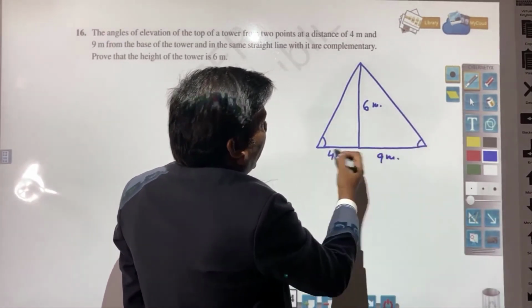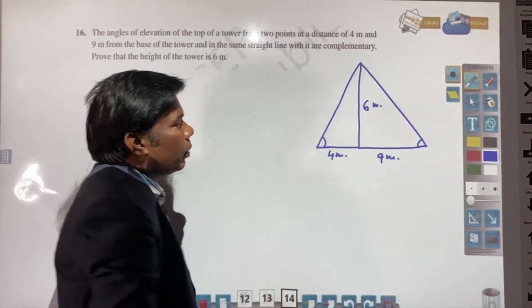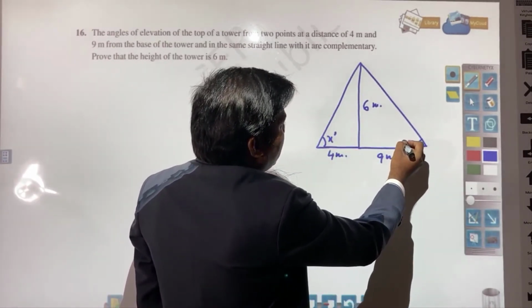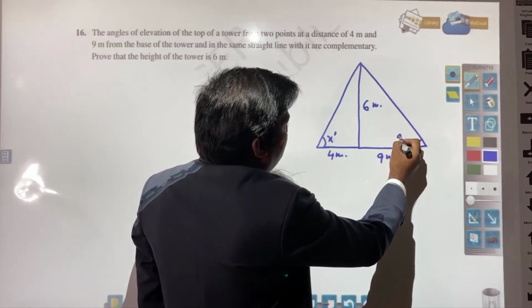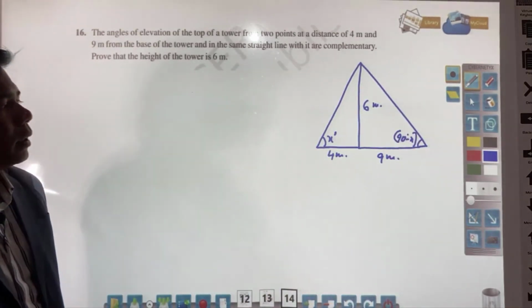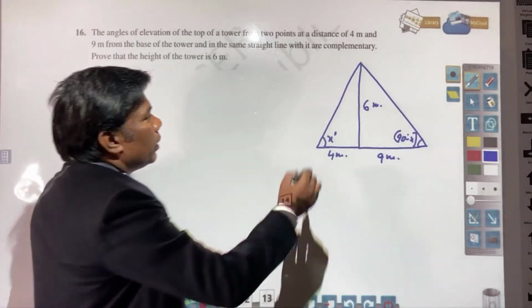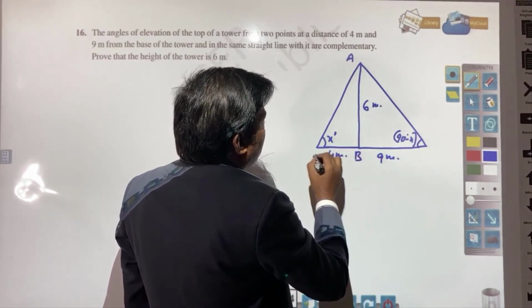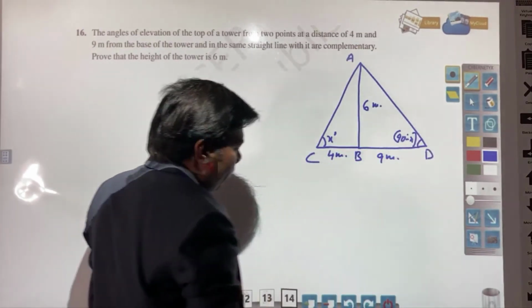So angles are complementary. It means suppose if one angle is x degree, the other will be 90 minus x, the complementary angle. Name it: suppose A, B, C and D you have.